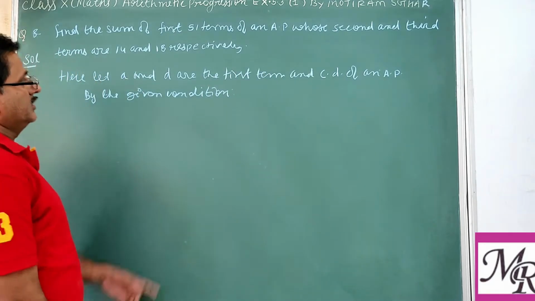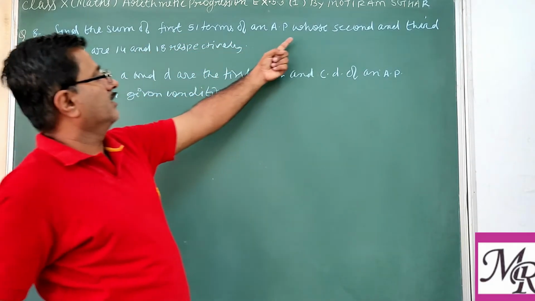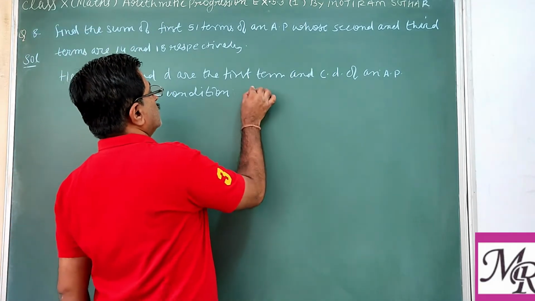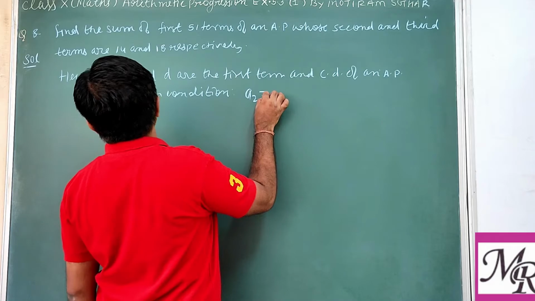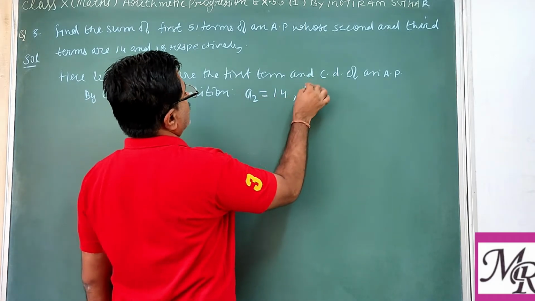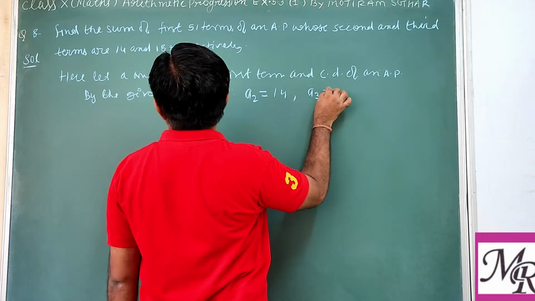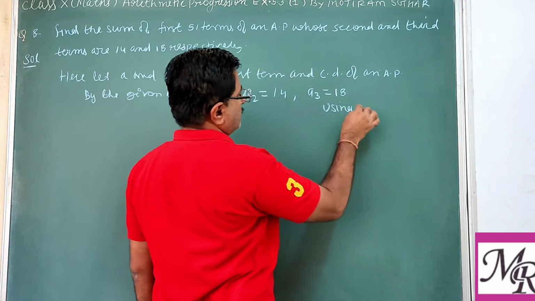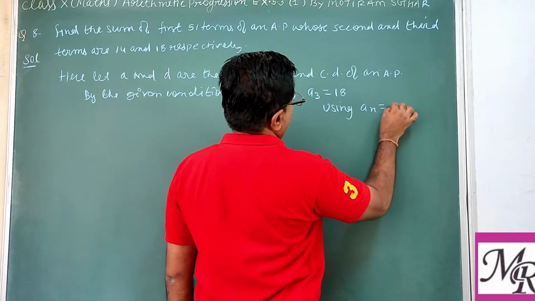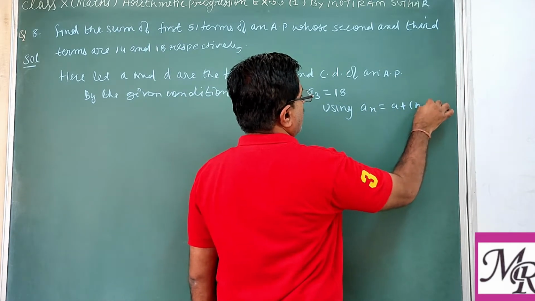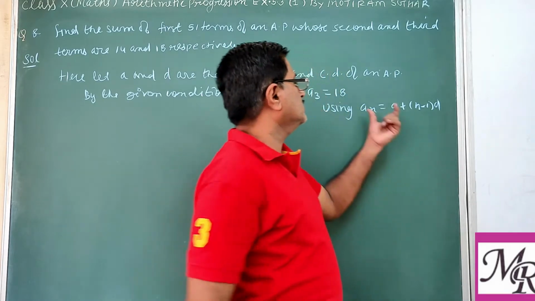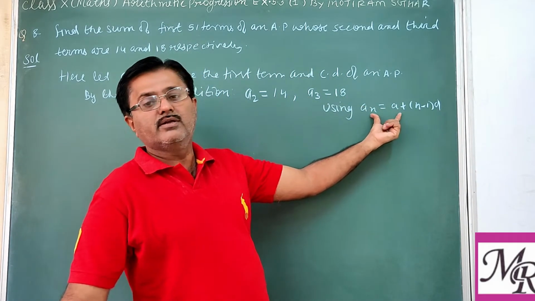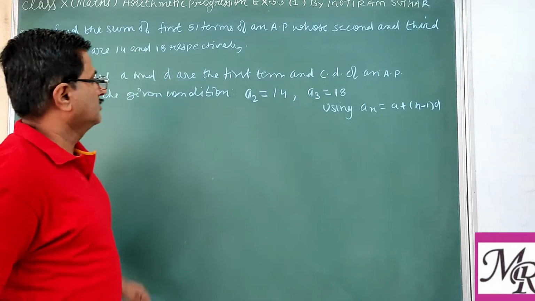The third term is given and the second term. Second means A2, and the third term is A3. Now we use the formula for the general term, An equals a plus (n minus 1) d. Why are we using this? Because the values of these terms are given, so we can use this formula.